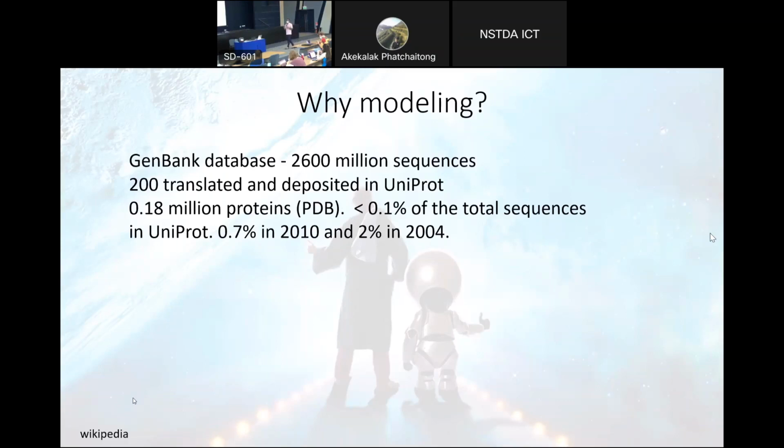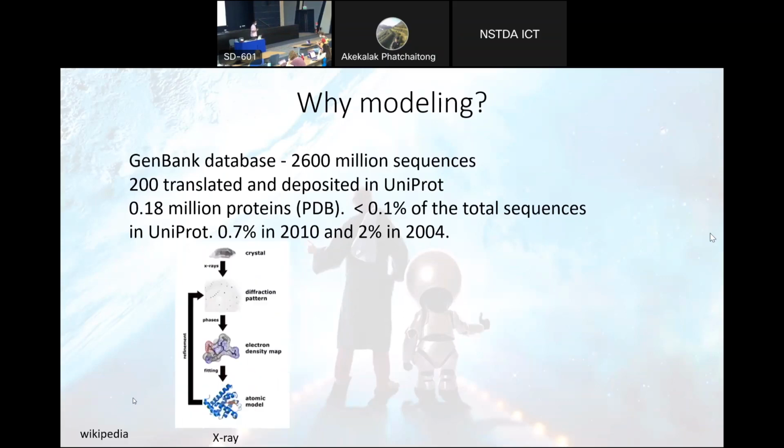At least we have an idea of what information we can get out of the sequence. There are typically three kinds of experimental techniques. I'm going to go into a little detail because when I was preparing this talk, I realized how much of the philosophy behind the experimental techniques got translated into protein modeling. The first one is X-ray crystallography.